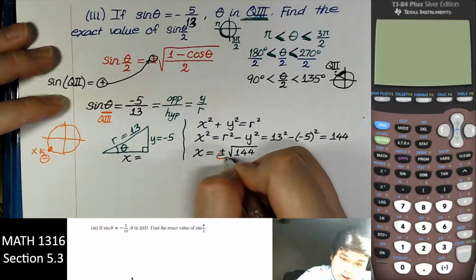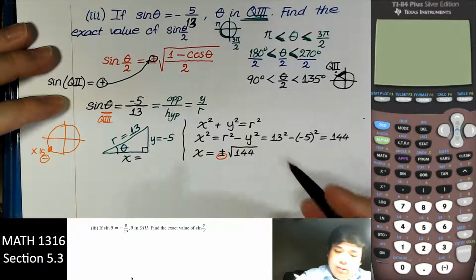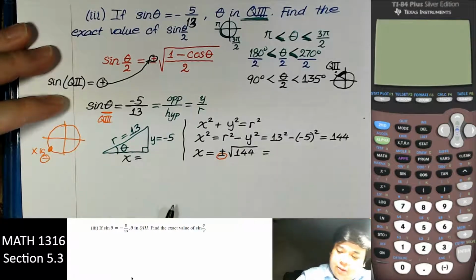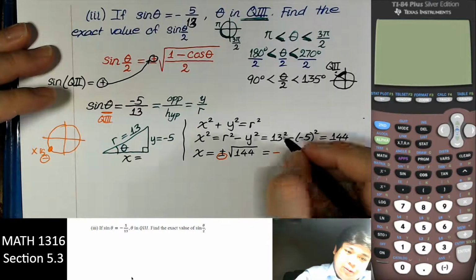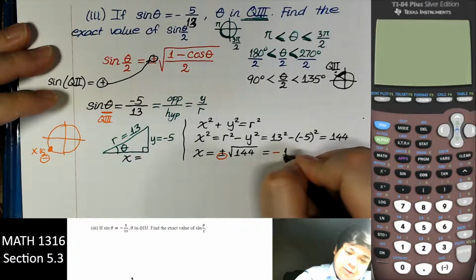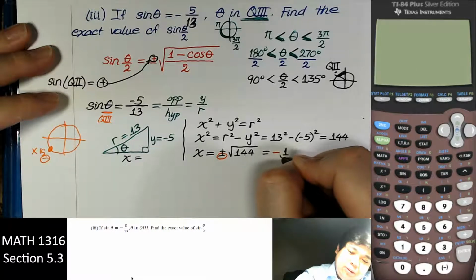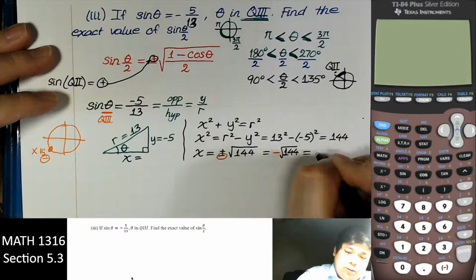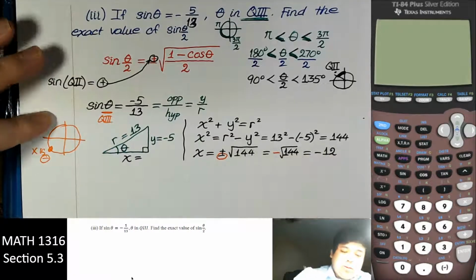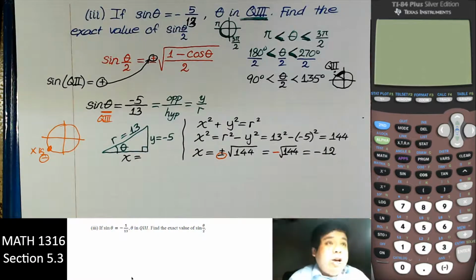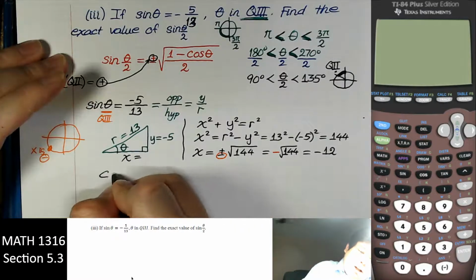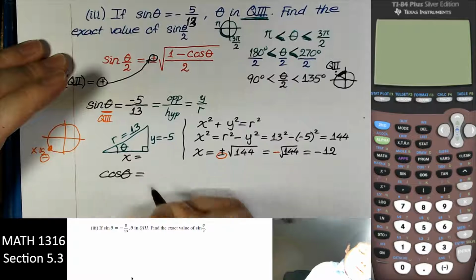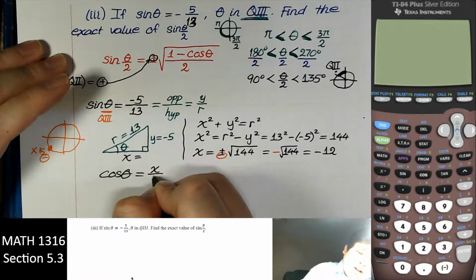So x is negative 12, and finally cosine is x over r.